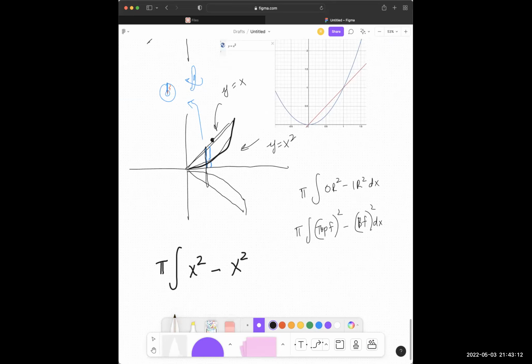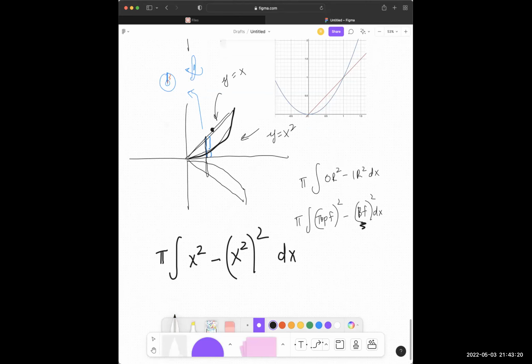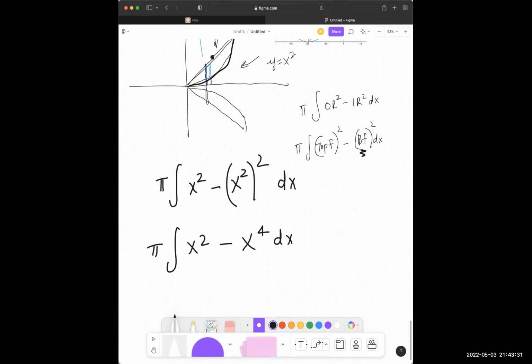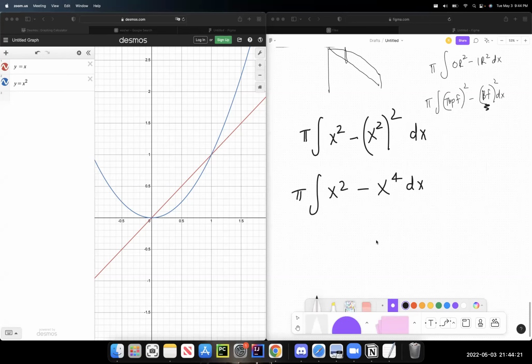The bottom function is x squared, but since it is squared here, it should be x squared squared, dx. And so that's essentially the idea. And then to simplify this down a bit, you'd have x squared minus x to the fourth dx. And you would solve this, and then you'd come to a conclusion.